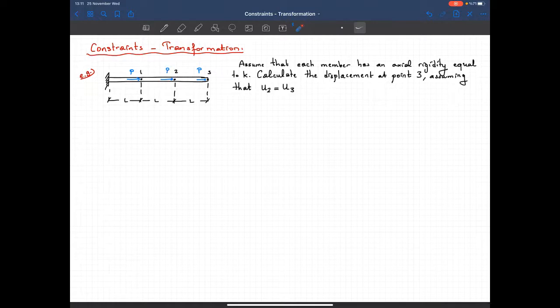But let's forget about the axial rigidity now. I want to analyze that structure, and at the end of the solution, I want to have these two degrees of freedom equal to each other, okay?